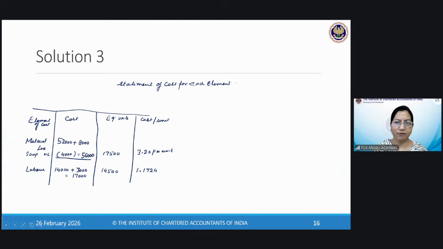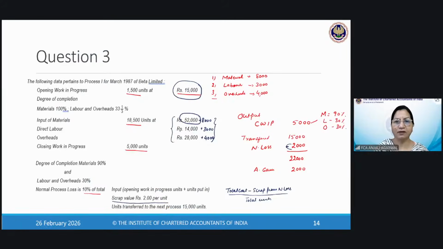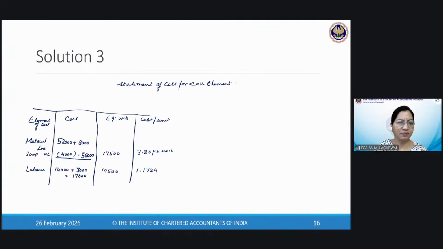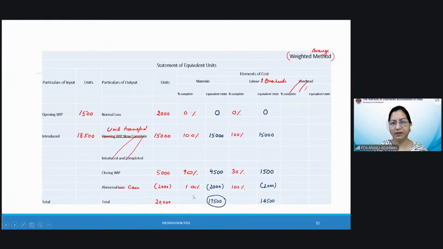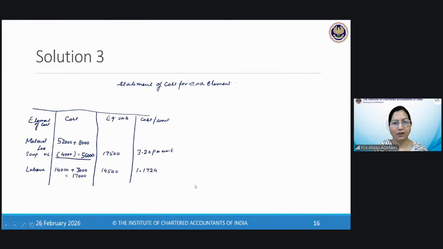Similarly, the labor cost of 14,000, which was currently applied, plus the labor cost on opening WIP. No scrap value realized will be deducted, reducing the labor cost. So 14 plus 3, 17,000 is the labor cost, which will divide the number of equivalent units of labor, which is 14,500. So 17,000 divided by 14,500 is 1.1724 something.